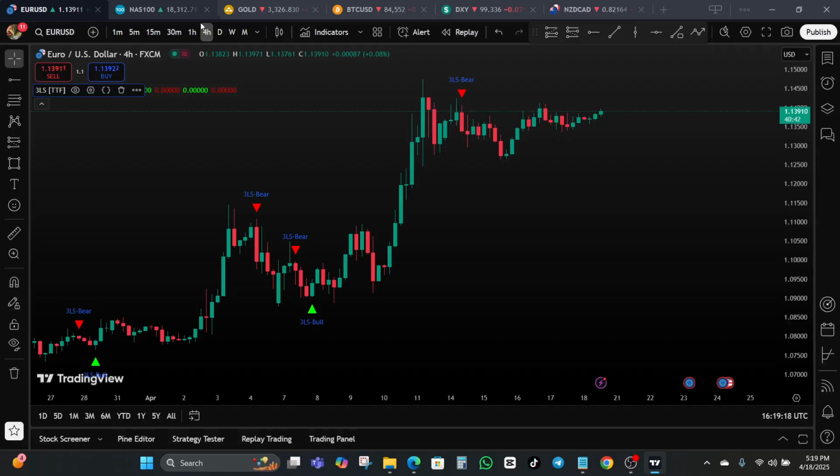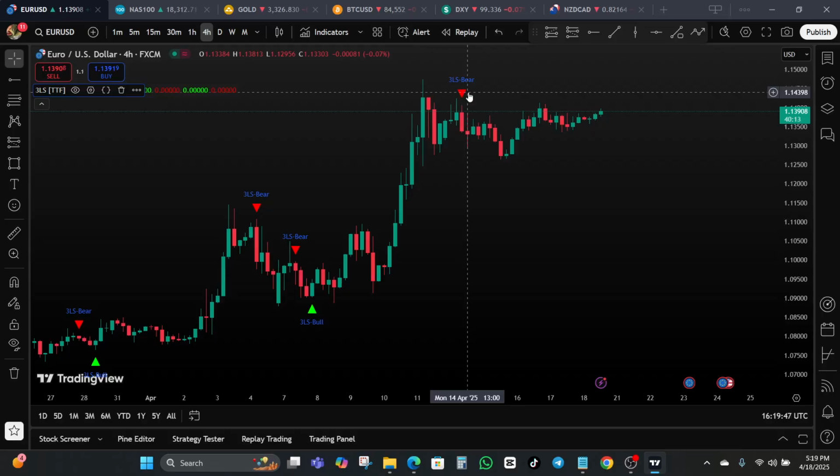The indicator automatically highlights potential trade entries when the pattern is completed, but it is always a good idea to confirm it with additional analysis or by using other indicators such as moving averages or trend lines.